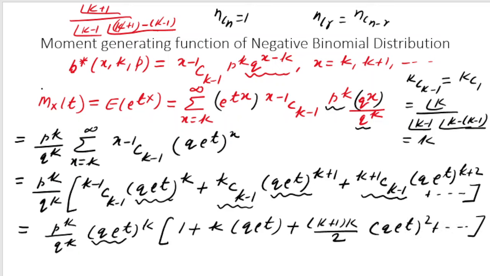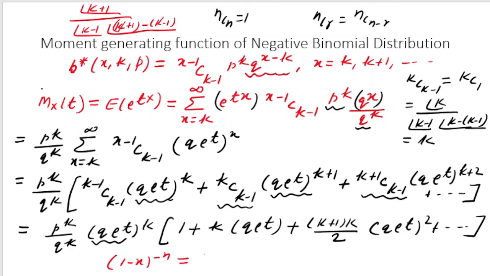Now if you look at this expansion, see there are many things in maths that you need to remember. We have studied one such result in our previous classes, and that result is the expansion of 1 minus x to the power minus n.